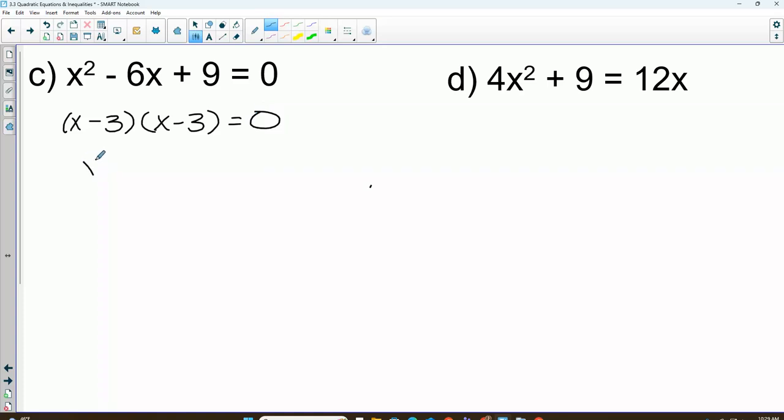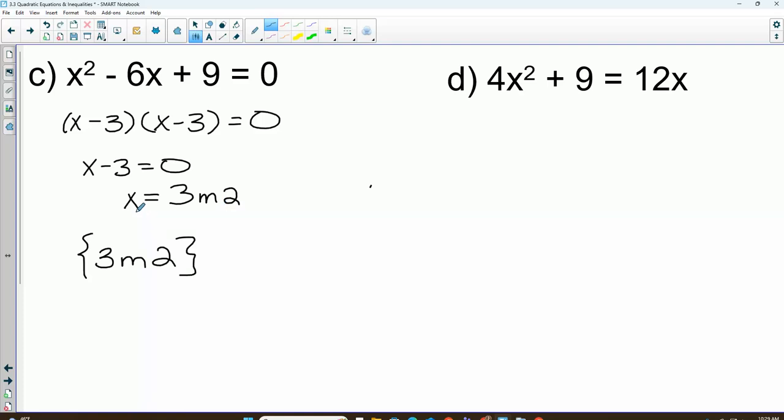When you set that equal to 0, they're the same, we just get x equals 3, but how many times was that a solution? Twice. Twice for each parenthesis. So we write that as 3, m for multiplicity, and 2. Tells me 3 is a solution 2 times.